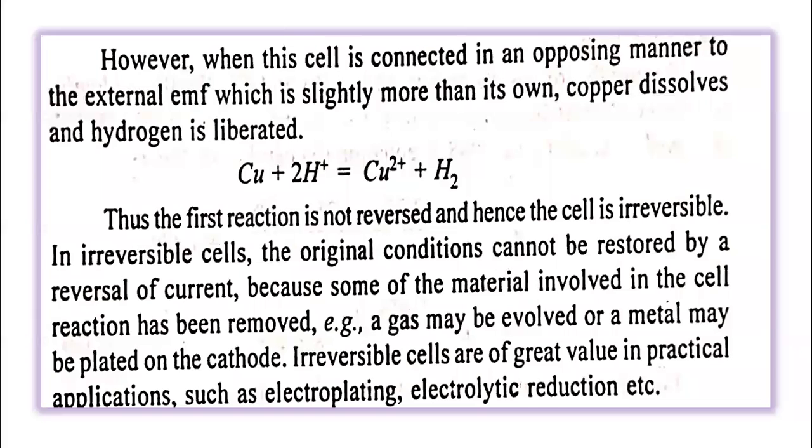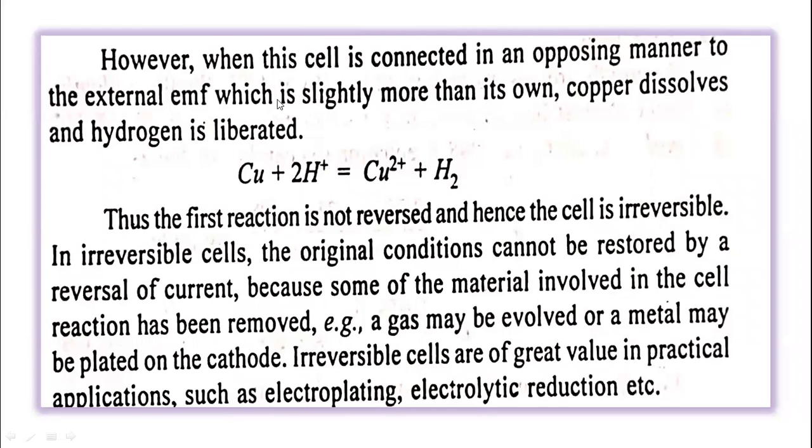Okay. You can see here why. What is the reverse reaction expected? The reverse reaction would be: copper should react with hydrogen ions, forming copper 2+ and hydrogen gas. This reverse reaction has to take place. But which reverse reaction takes place here?